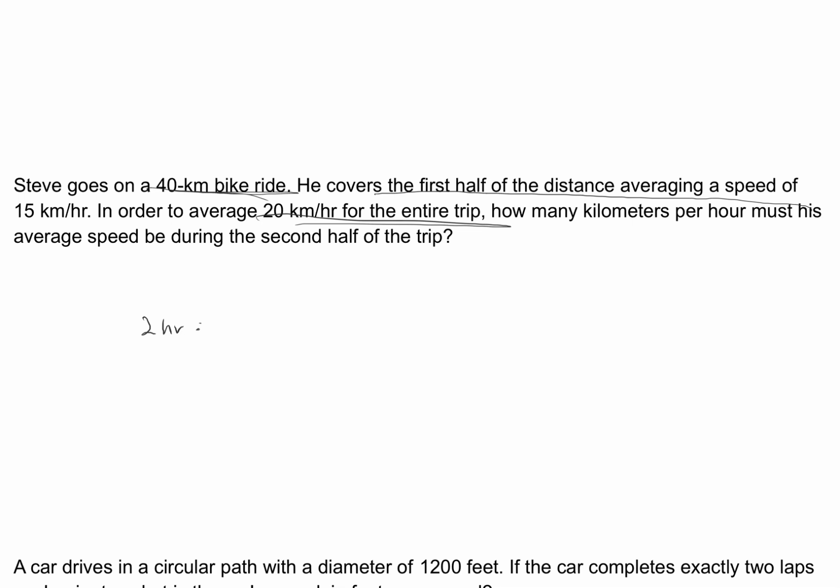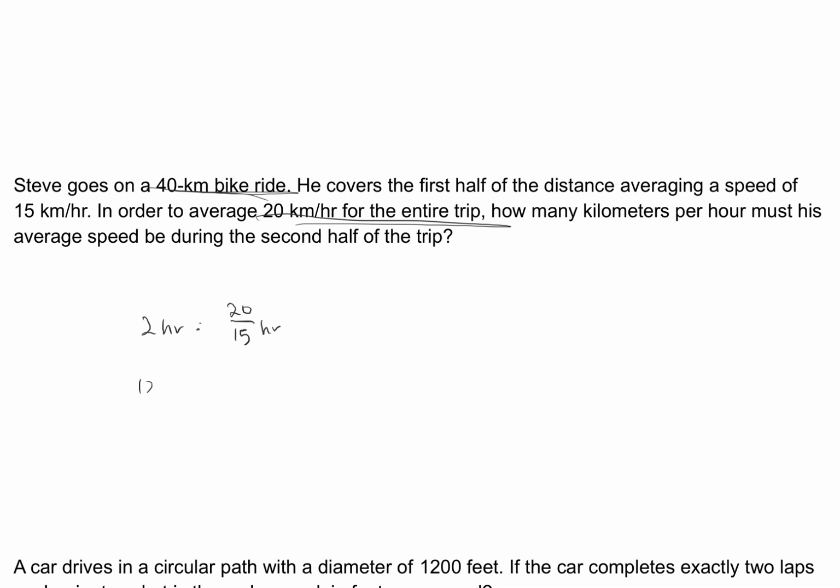So for 2 hours, the first half of the distance averaging a speed of 15 kilometers per hour. Right. So we have 15 kilometers per hour. So it's 20 over 15, right? Hours, or we can convert it to minutes.